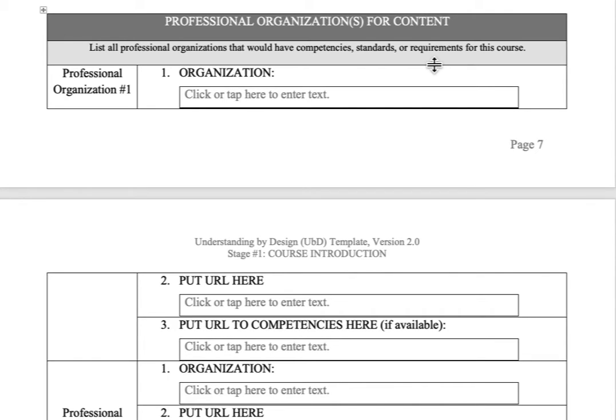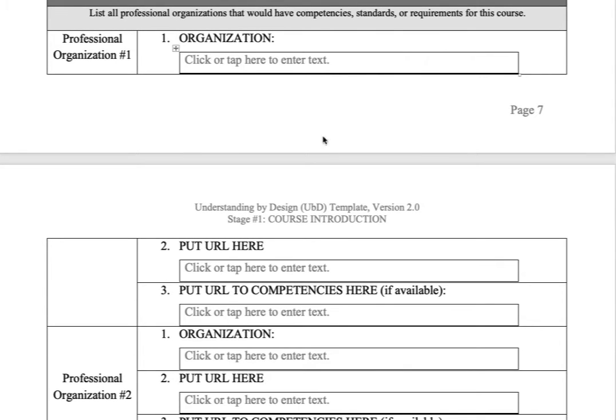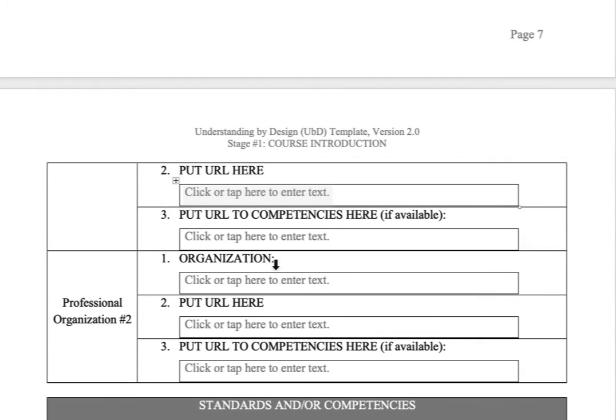So for instance, depending on your state, you may have adopted for math the Common Core State Standards for mathematics. And so in that case, I would include the Common Core State Standards Initiative. That would be the professional organization. And then I would locate their URL where I can find the standards and information about them, and I would copy and paste that URL here.